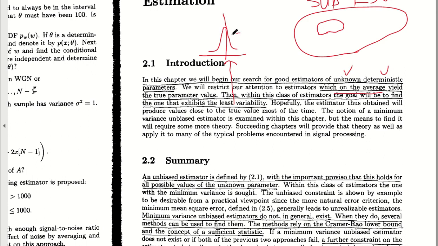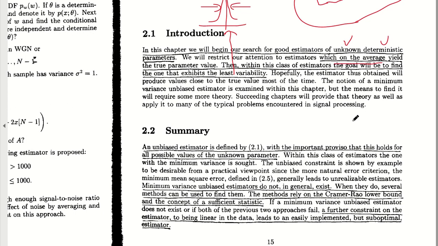As we did before, we'd like the variability to be smaller. And hopefully the estimator that's obtained will produce values close to the true value most of the time. Okay.